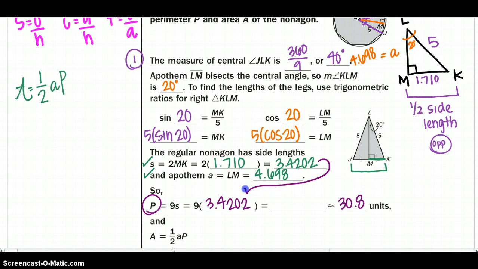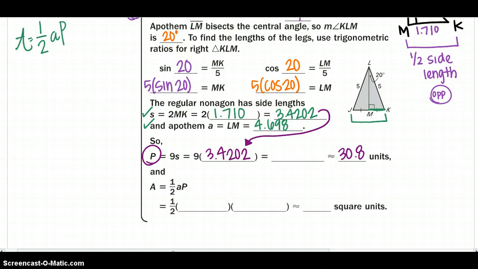So again, we're just moving those things down to get the next step, our area equals 1/2 our apothem, which we said was 4.698, times our perimeter, and we would get approximately 72.3 square units. So if you need to go back and review that problem, that might be a good idea, just because there are a lot of steps, but once you get the hang of what you need to do next, then it will feel like it is coming to you a lot easier.